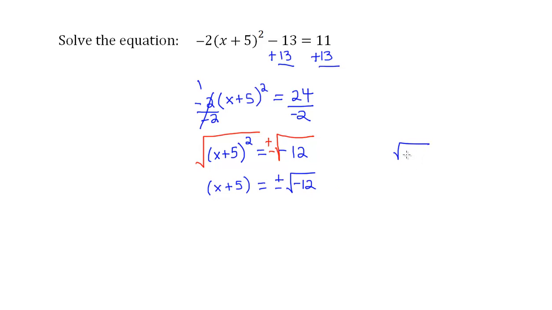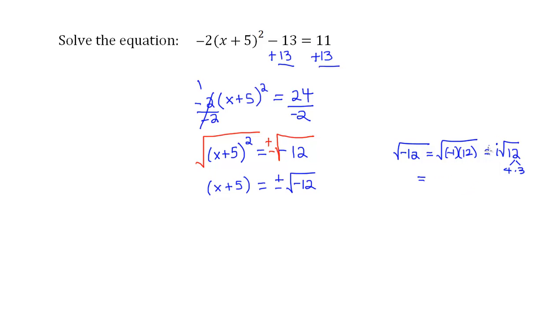And so off to the side, let's go ahead and simplify that. The square root of -12 can be thought of as the square root of -1 times 12. The square root of -1 is just i, and so we're going to have i times the square root of 12. But there's one more thing we can do, right? 12 can be broken down into factors of 4 and 3, and we can take a square root of 4.